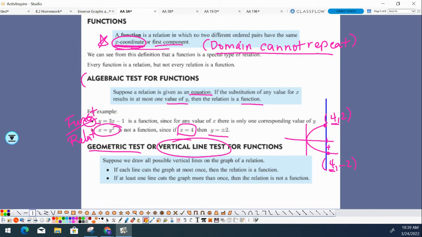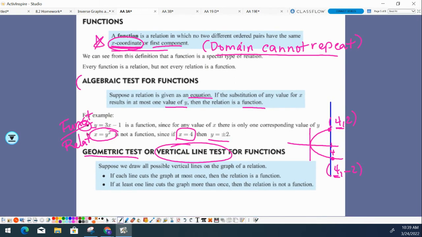If I draw a line through and it hits 2 points at the same time, that means the x values are repeating. If it just cuts it one time, then we consider it to be a function. If that line goes through more than once, like over here, 2 spots, it is not a function.